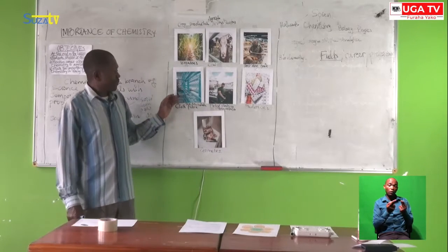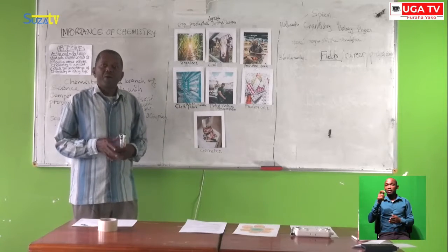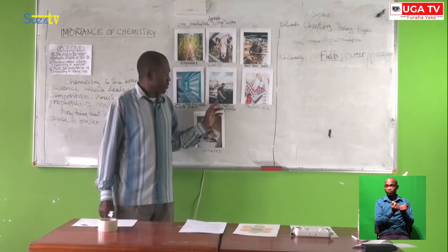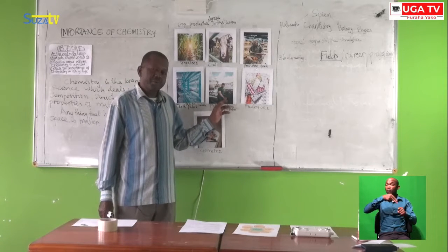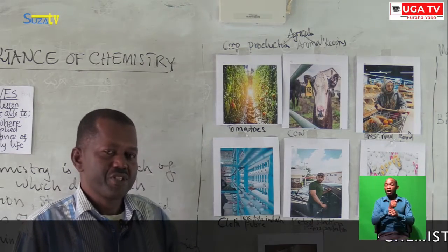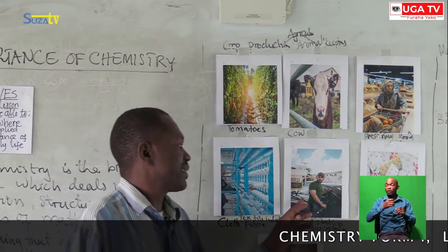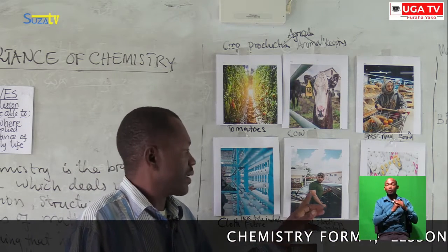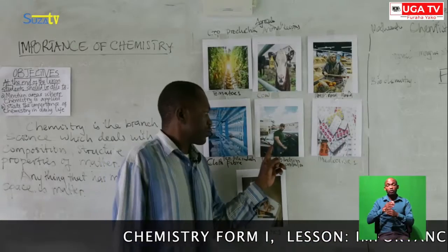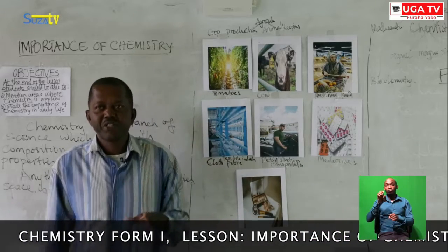At the same time, we have the textile industry where our clothes are made. We have a petrol station, so it means that we have chemists who produce such fuel that can support any motor vehicle, because we have petrol machines, diesel machines, and others.